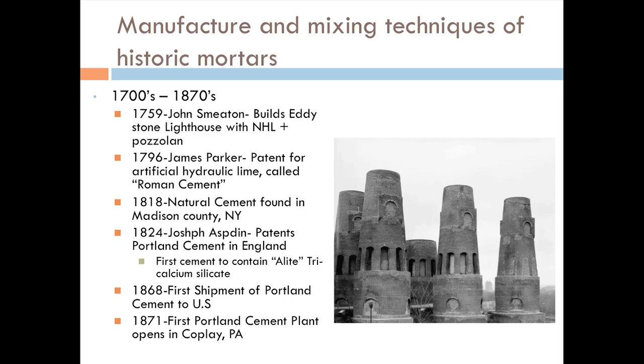But then in 1818 we run into natural cement. Natural cement is a limestone that has lots of clay impurities. That's that argillaceous type of limestone I had mentioned earlier. And when you burn it, it doesn't look like anything. In 1818, when the Erie Canal was being built, engineers had heard about natural cement from Europe, and they wanted to produce it here.